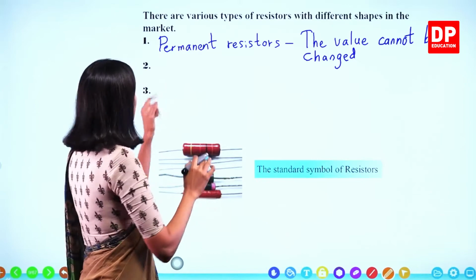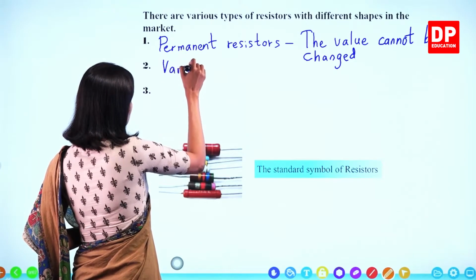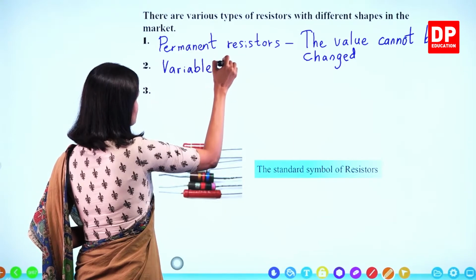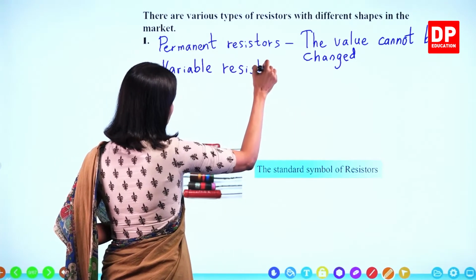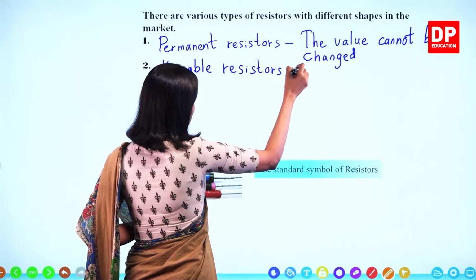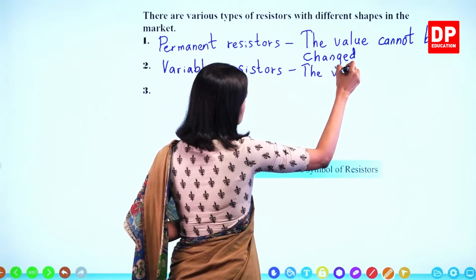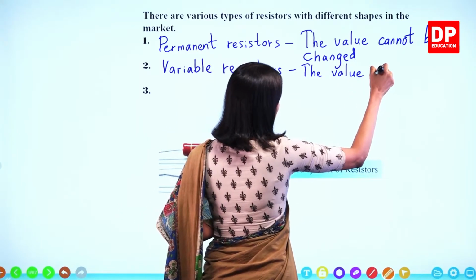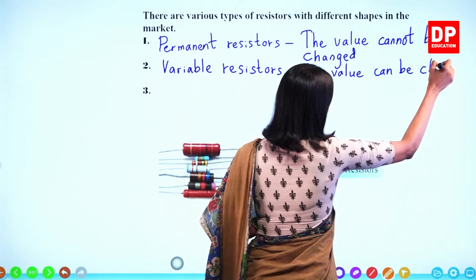Right? Number 2, variable resistors. There the value can be changed.